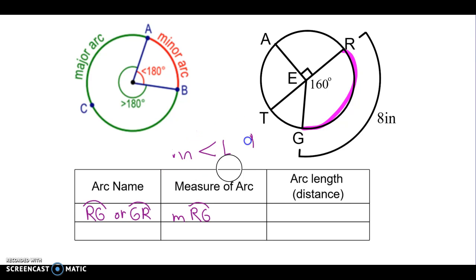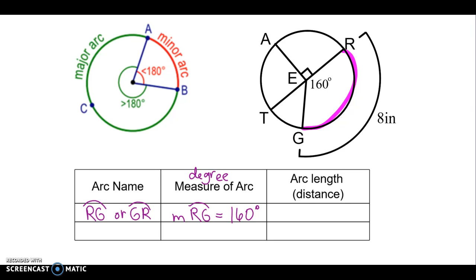Degrees. So when we measure an arc, it's still going to be degrees. Put that on your notes: the measure of an arc is in degrees. And what's the measure of arc RG? 160 degrees.